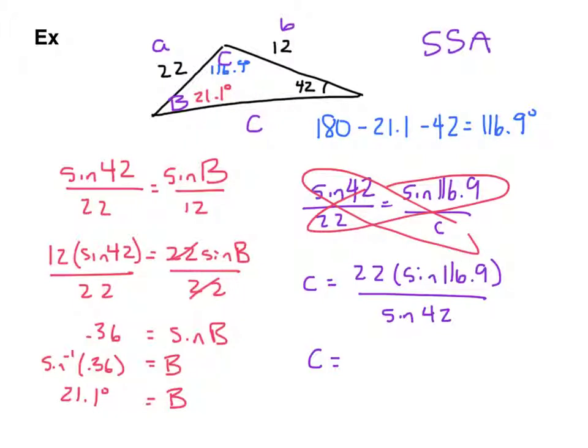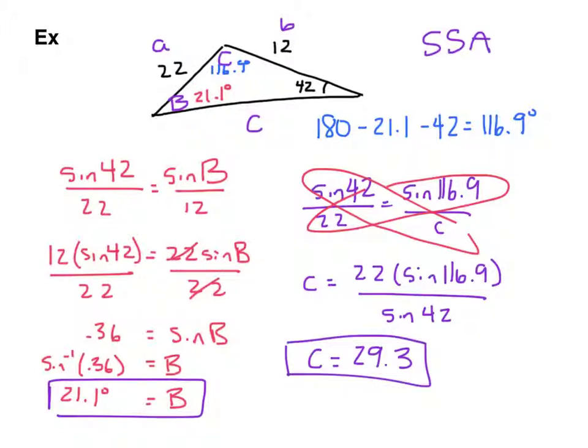So my last side C is 29.3 units long. And we found all the missing sides and angles of our triangle.